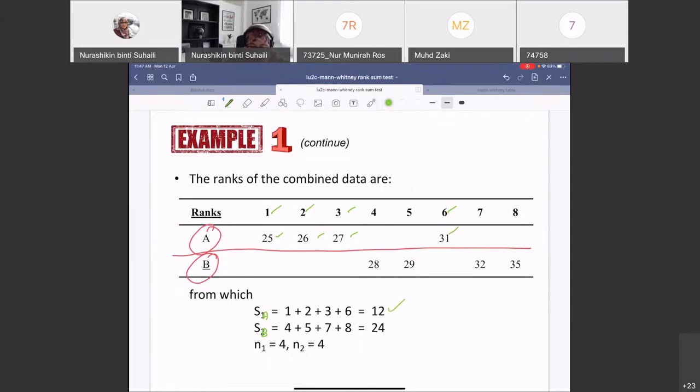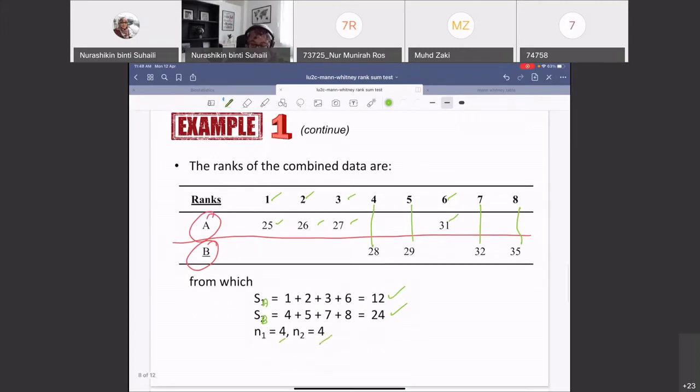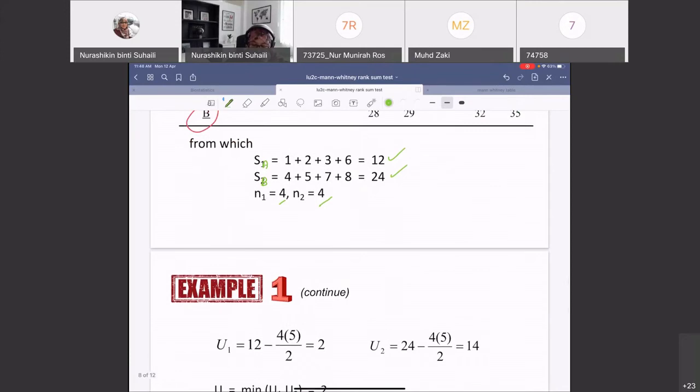So that's 12. And the sum of ranks of sample B, you go here, 4, 5, 7, and 8. The sum is 24. And N1 and N2 are the sample sizes, how many data in each sample. For sample A it is 4 and sample B is 4. Those are the values that you have to find out.